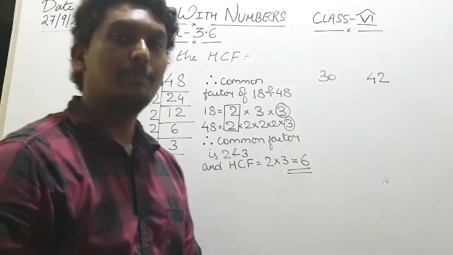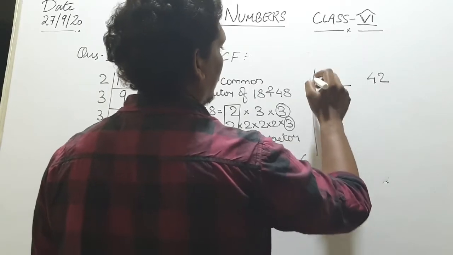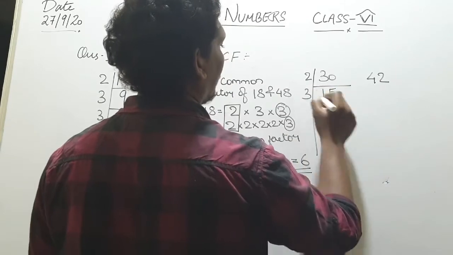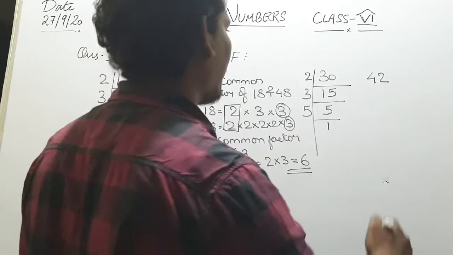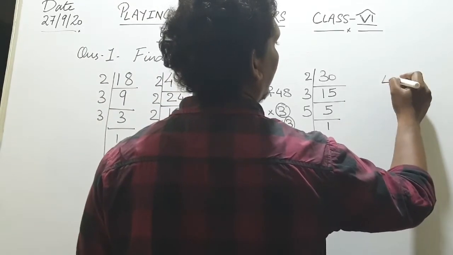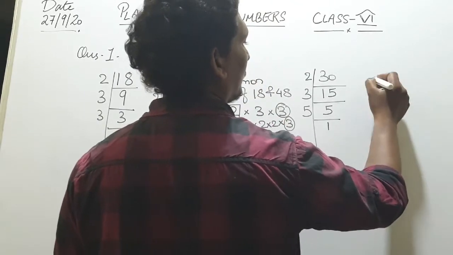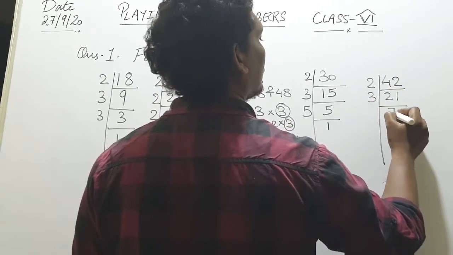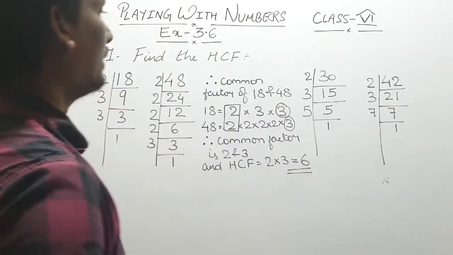Just go through it, first one. Okay, I'll come to the next one, that is 30. So 2 15s are 30, 3 5s are 15, 5 1s are 5. I'm writing 42 this side. 2 is here. So 2 2s are 4, 2 1s are 21, 3 7s are 21, 7 1s are 7. Right?